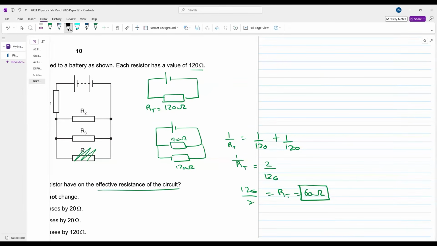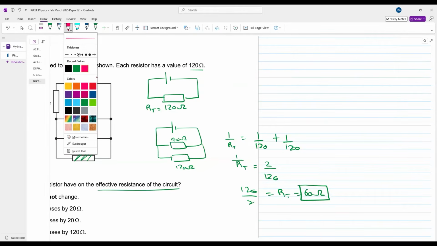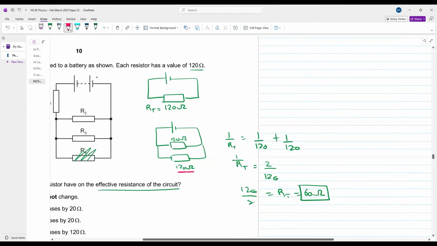Here you can write a key point. Whenever a resistor is added in parallel, the total resistance decreases. Beta, whenever you add a resistor in parallel, your total resistance decreases. You can write a key point here.